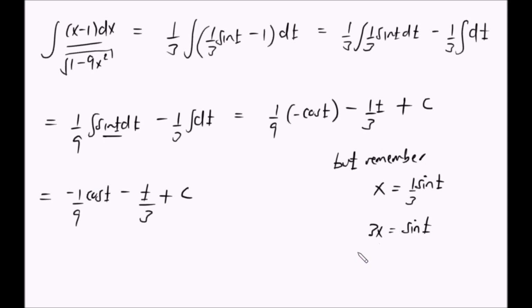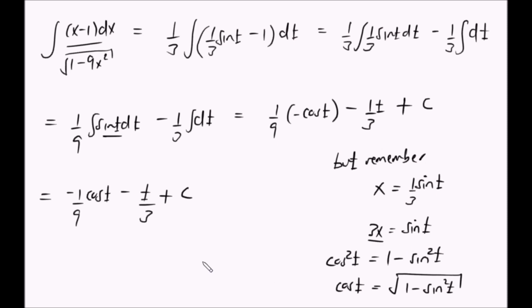Sawa. Kwa hiyo sasa remember cos square t ni sawa na 1 minus sin square t. Kuna sehemu nimesema hivyo. So manake cos t itakuwa ni sawa na the square root of 1 minus sin squared of t. Lakini sin of t ni nani? 3x.